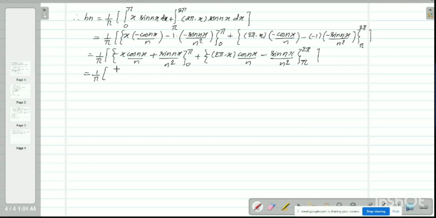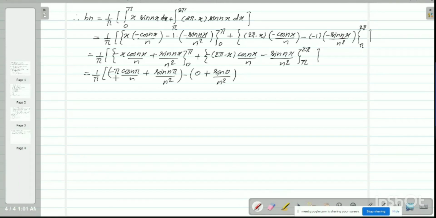Upper limit is minus pi cos n pi by n plus sine n pi by n square. Minus lower limit, so instead of x we put 0, so this is 0, and sine 0 upon n square.